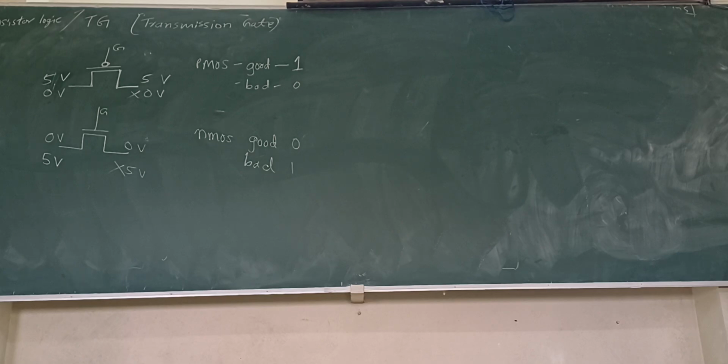Why does this not happen? Say 0 volts, it will be easily passed. It depends on one equation: the mod of VGS should be greater than or equal to VT.